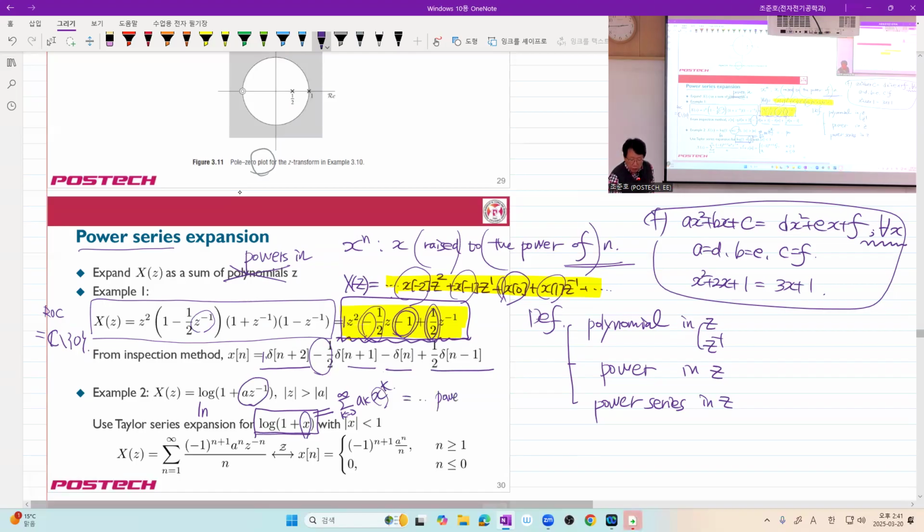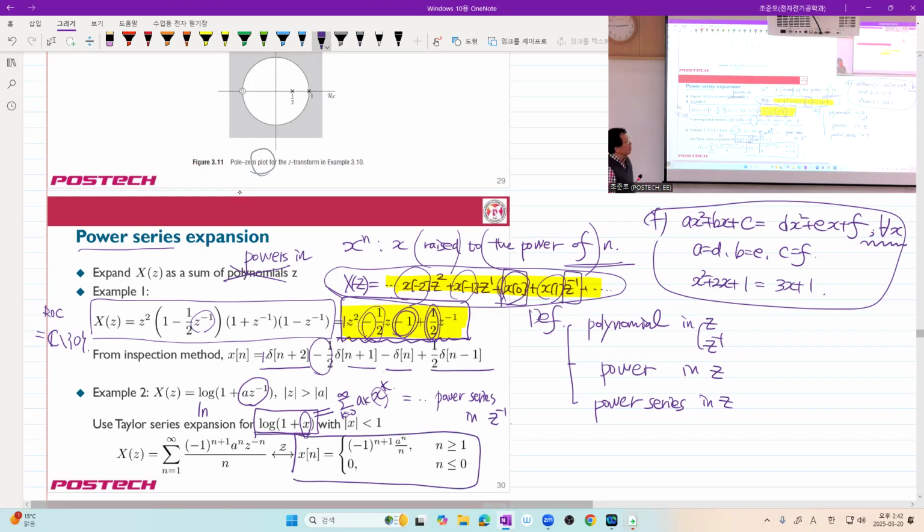A power series in z inverse, right? Now, if you remember this again, a power series in z inverse may tell you that, hey, the signal is causal and the z to the 0 coefficient must be x0. Z to the negative 1's coefficient must be x1, blah, blah, blah. And you can find x that is causal. Got it?